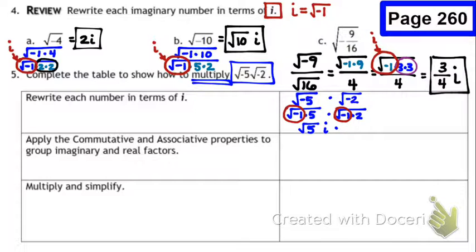So I'd have the square root of 2 i. Do you guys remember how to multiply things that are under square roots? Yeah. If it's under a square root, like the 5 and the 2, I can just multiply those pieces together. So I can do 5 times 2 under my square root.